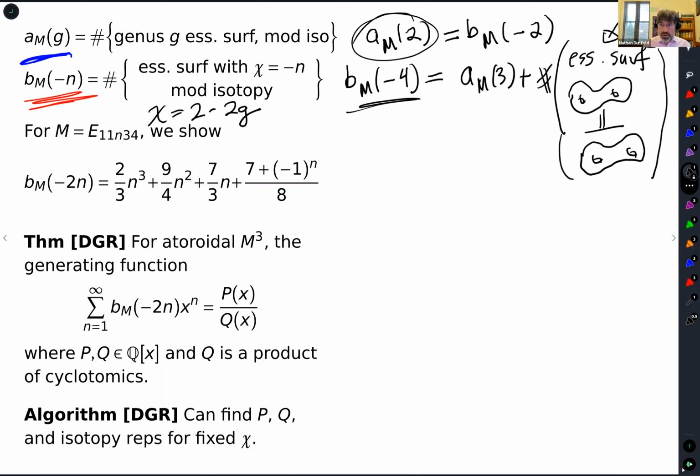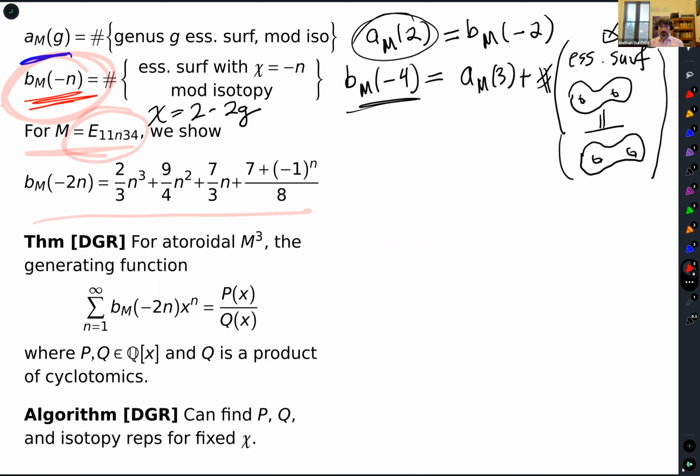So for the example where I had this long list of apparently random numbers, if we instead count surfaces independent of whether they're connected, it turns out there is a closed formula for the count. This is the exterior of the Conway knot from the previous slide. It turns out that this is the exact function for the number of surfaces of Euler characteristic minus 2n.